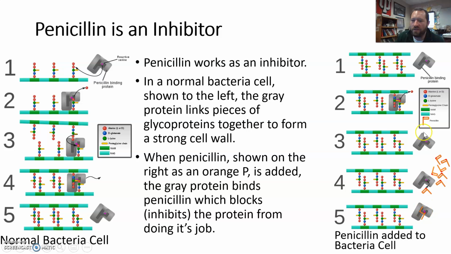So when this is bound by penicillin, this enzyme is inhibited from doing its job, and that's why bacteria cell walls fall apart. They aren't built correctly, they aren't linked together in the presence of penicillin. It's acting as an inhibitor to block the formation of bacteria cell walls, and that's how the drug penicillin works. It's an inhibitor.